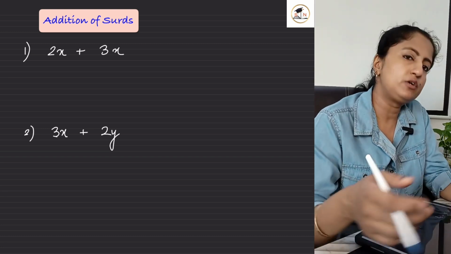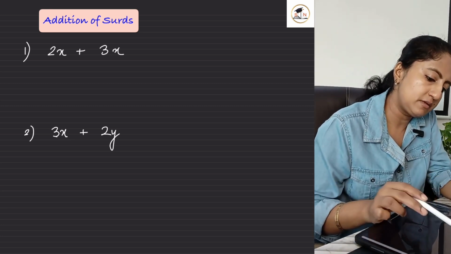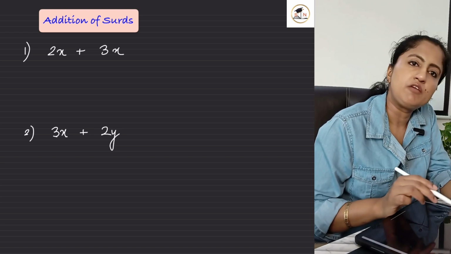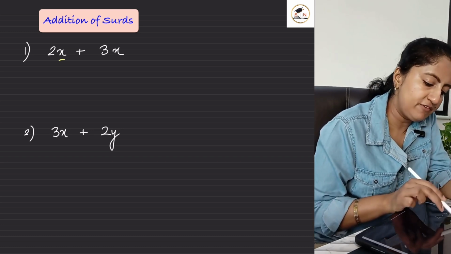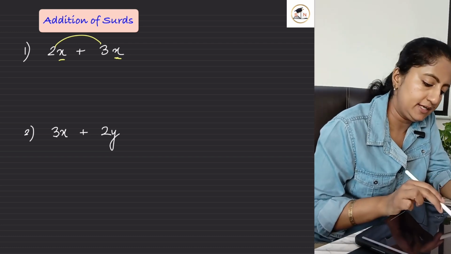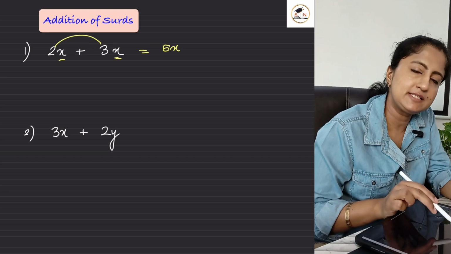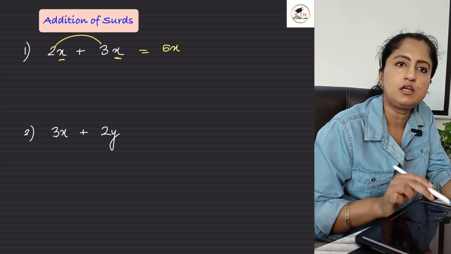So that is why I'm going to explain with the help of them. The first example is 2x plus 3x. When we are adding like variables, we add their coefficients, right? So the answer comes out to be 5x. X remains as it is, but we just added the coefficients.